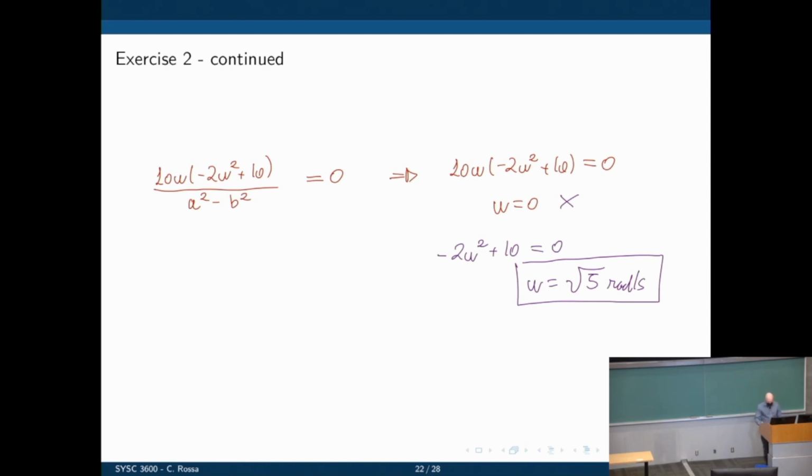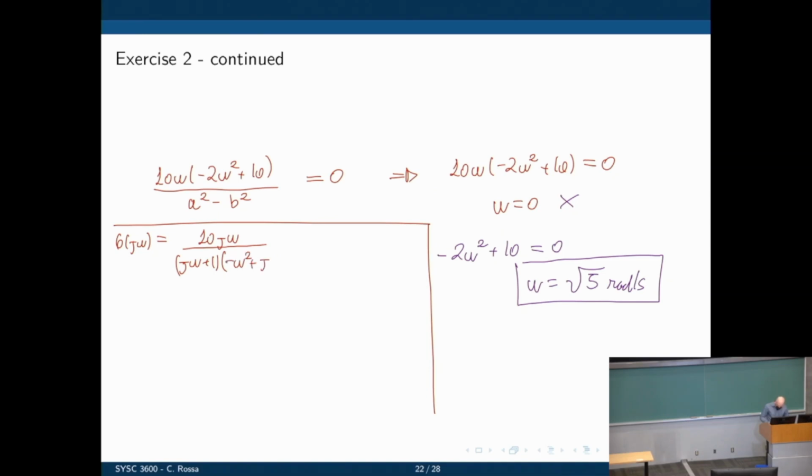If you wish to calculate the phase and magnitude of the transfer function at this frequency, we can simply go back to the equation we started from. G of j omega equals 10 j omega divided by j omega plus 1 times minus omega squared plus j omega plus 10.